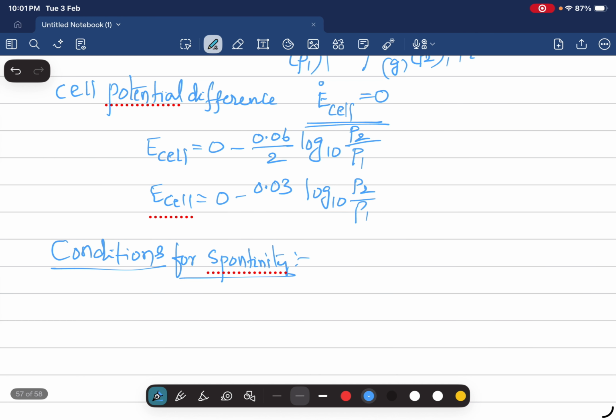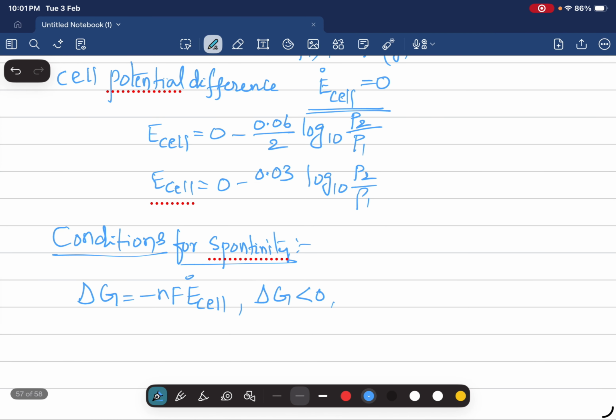We already know that delta G is supposed to be negative, meaning the process is spontaneous, and E cell should be positive, E cell greater than 0.